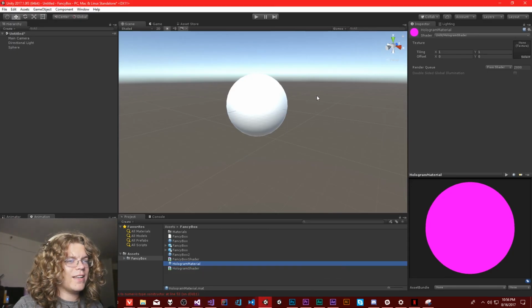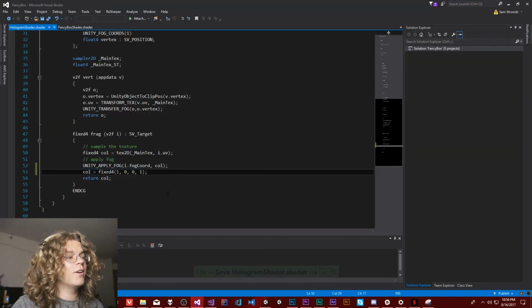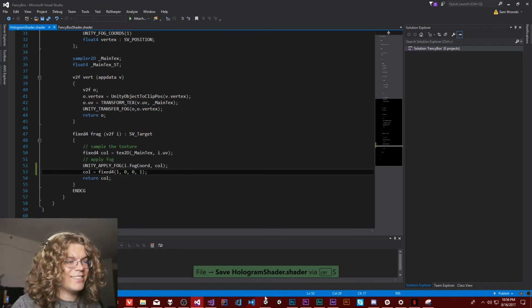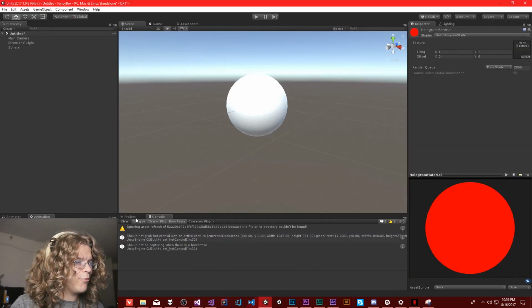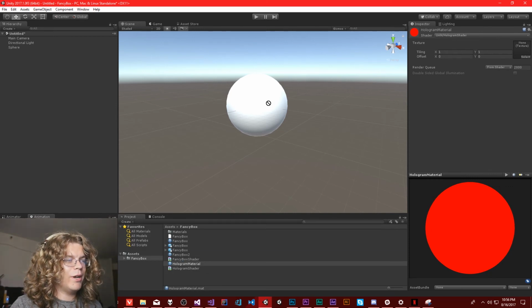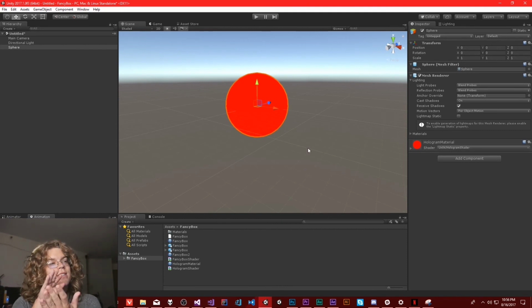So if we use that, this should compile-ish. Incorrect number of arguments. Fixed 4. We actually need to specify the number of arguments. This is going well. All right, we get red. There we go. So this is completely unlit.